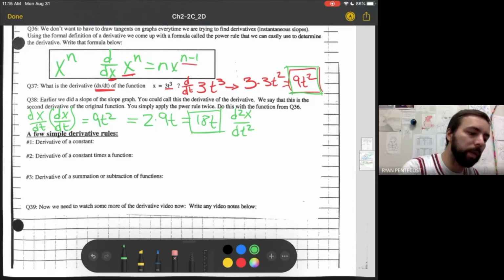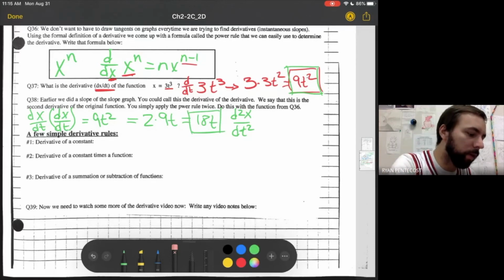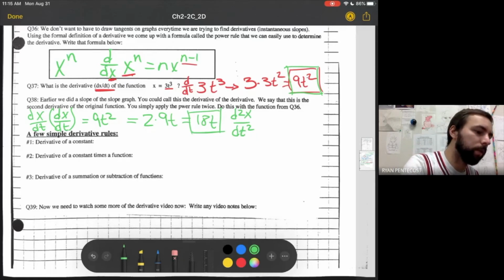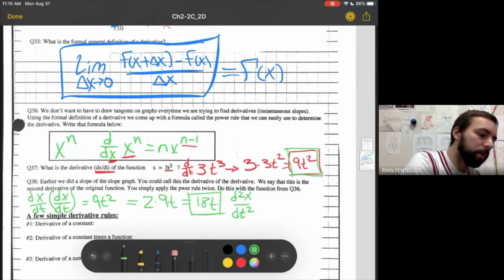And I believe that is the notation for a second derivative using Leibniz notation. Now, if we were using the Newton notation, like up top, this is your first derivative, then a second derivative is shown with 2 tally marks.